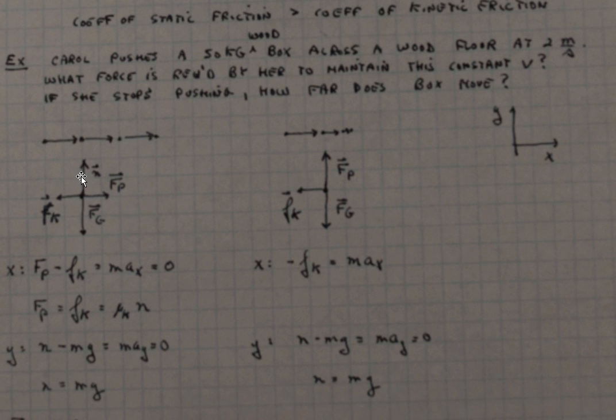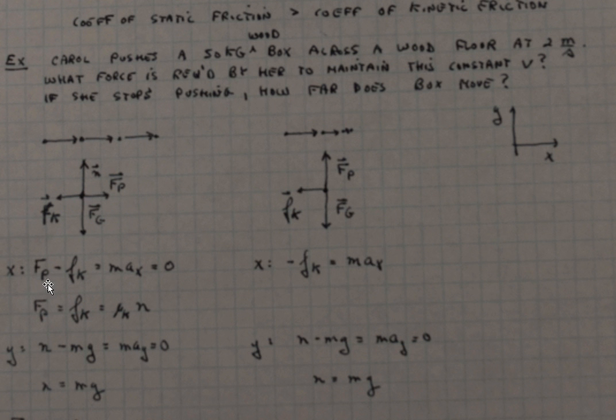Here's a force diagram. I have endeavored to draw all the y forces to indicate that they sum to 0. So the normal force is equal and opposite to the gravitational force. And the frictional force acting opposite the motion is equal and opposite to her push in the direction of the motion.